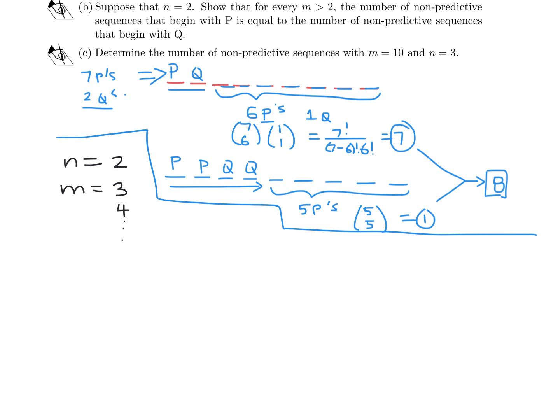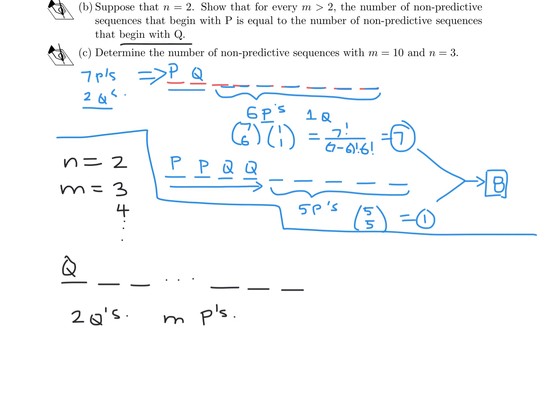Okay, so actually the ones that begin with Q are a little bit easier. So if we have Q, and then we have a bunch of letters that need to be placed. The number of Q's in this case is represented by the n. So we have 2 Q's, and we have m P's. Got it? Okay. So this is the one that begins with Q, right?